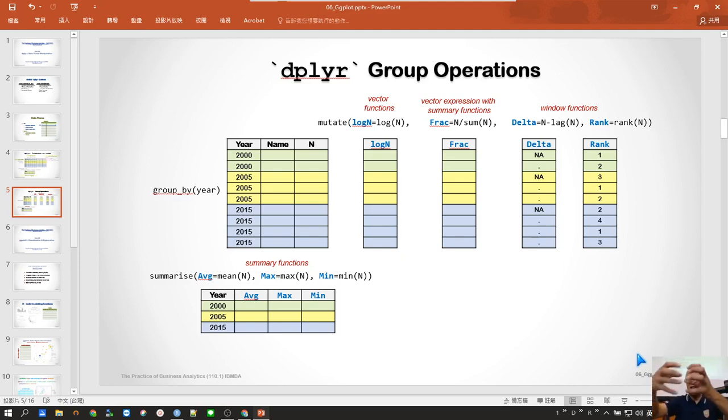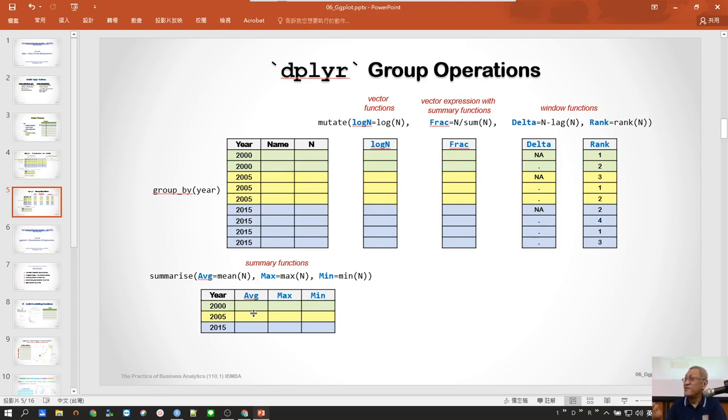It's kind of a hierarchical structure. So if you have many group by variables, after doing one summary, it will remove the last group variable, and the remaining group variables will still be there. And sometimes you don't want it. If you do not want the remaining group variables, you can remove them with the ungroup function.